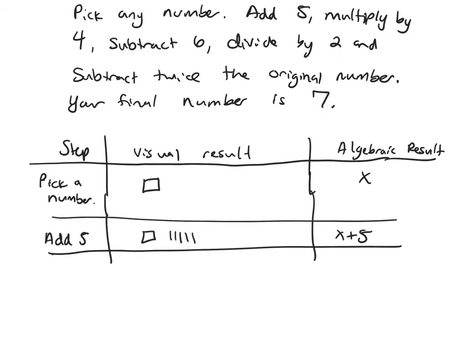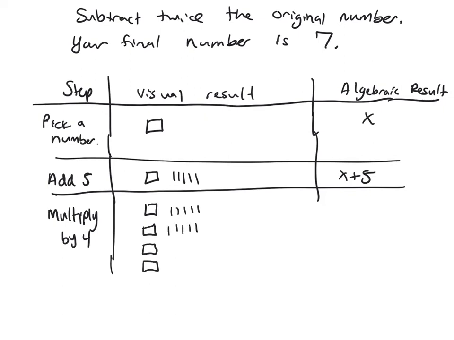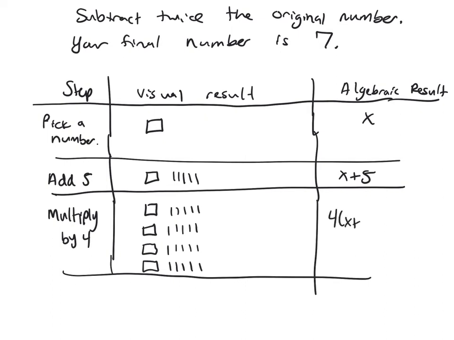So then our next step was to multiply by 4. So here, if you multiply by 4, means you have 4 identical rows now. 4 boxes with a box and 5 ones. If we multiply by 4 algebraically, we can distribute 4x plus 20.